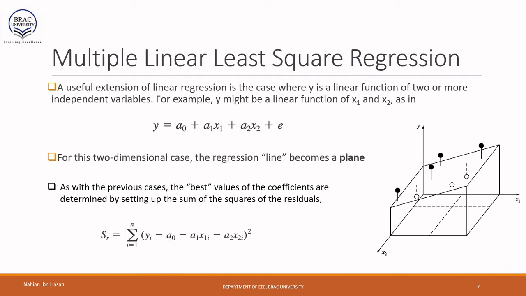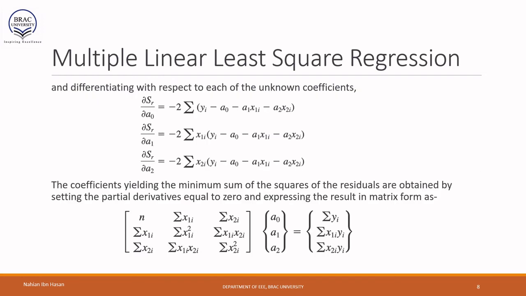Once we do that, we will get three equations, and we can easily solve those three equations like we did before in the previous cases, that means for linear regression or polynomial regression. So the procedure is all similar in all of the cases.